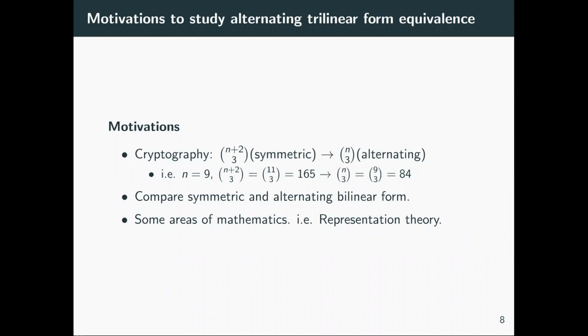But if we store an alternating trilinear form on F_q^n, we only need n choose 3 field elements. The difference between n plus 2 choose 3 and n choose 3 could be practical.